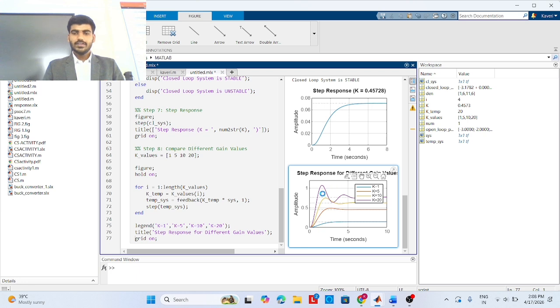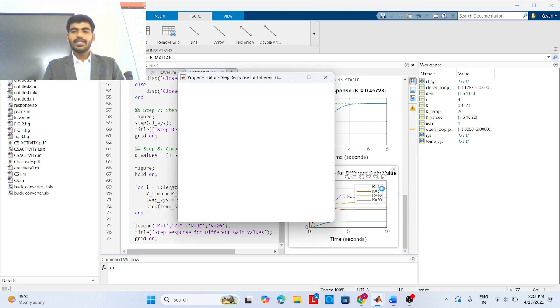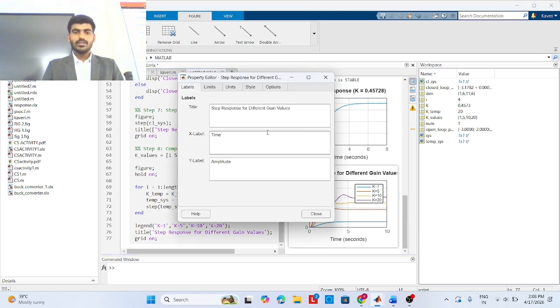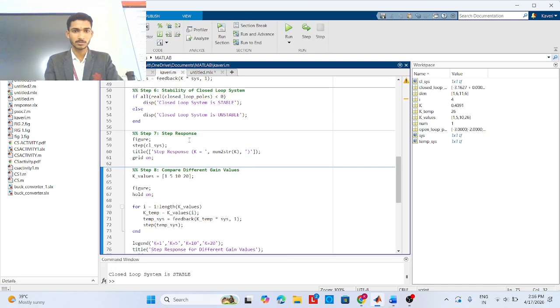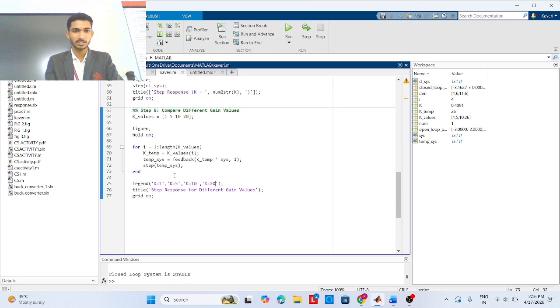This is the response when we vary the gain k. Next, the output of our MATLAB program, that is the root locus. This is the value of k: k is equal to 1, k is equal to 5, k is equal to 10, and k is equal to 20, put initially. So run the program.